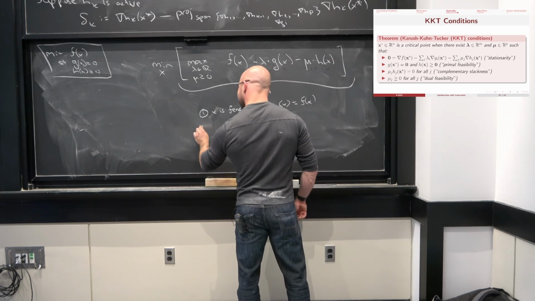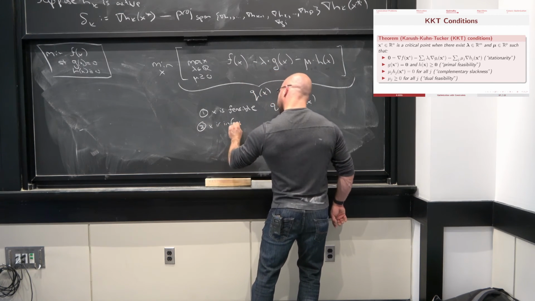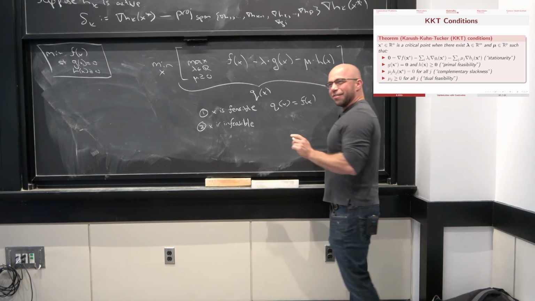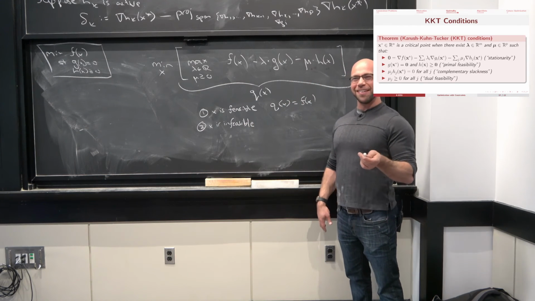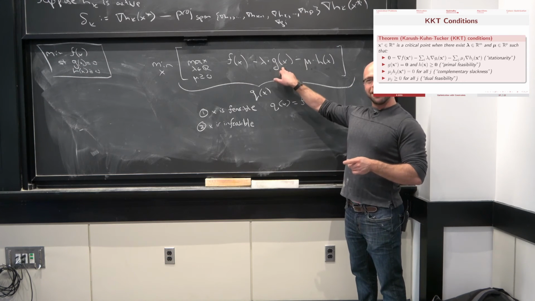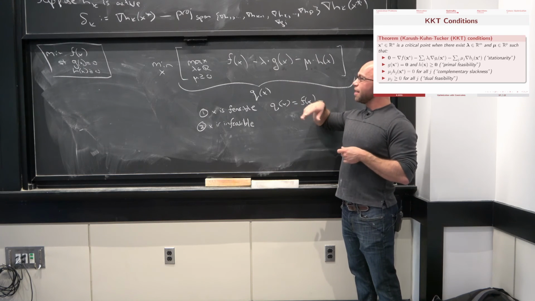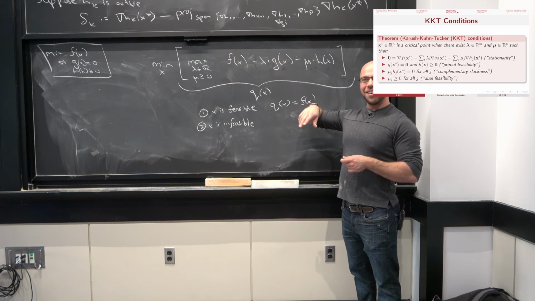Now, let's do case 2. X is infeasible. I love this trick. I do this trick like 3 times a week because it shows up in our research all the time. What is q of x? First of all, let's say it's infeasible because I don't satisfy one of the equality constraints. Let's say that g of x is equal to 3. What is the maximum value here? Infinity, right?